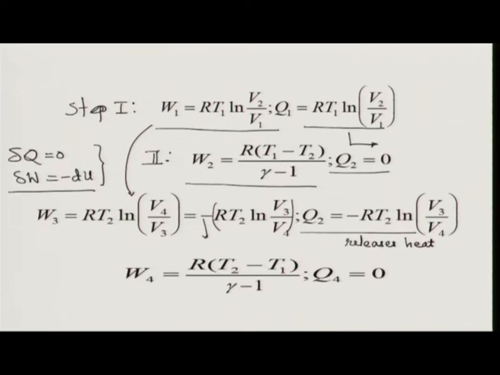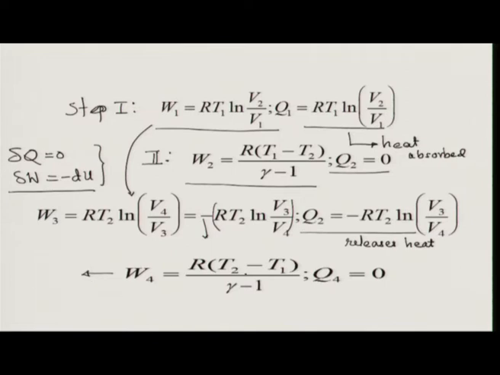Here this is heat absorbed, here heat released, and these 4 taken together gives me the net work done, and net change in internal energy is 0. In this process, there is some change in internal energy which is compensated by the equal and opposite change in internal energy in step 4.